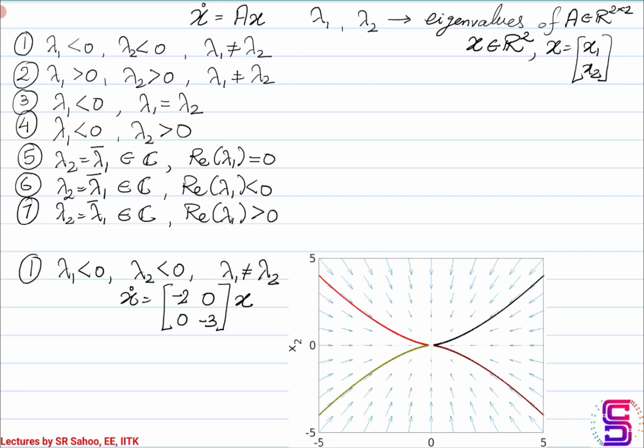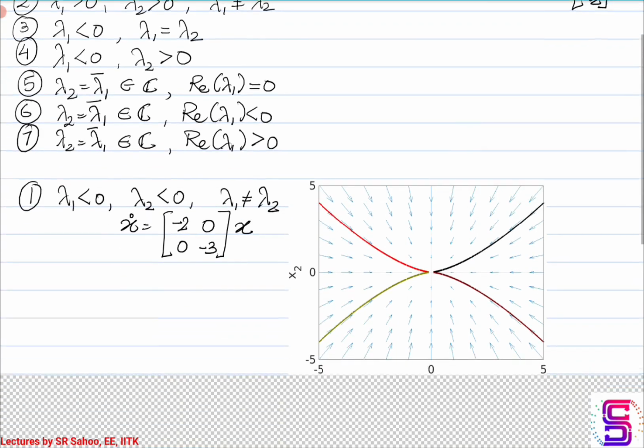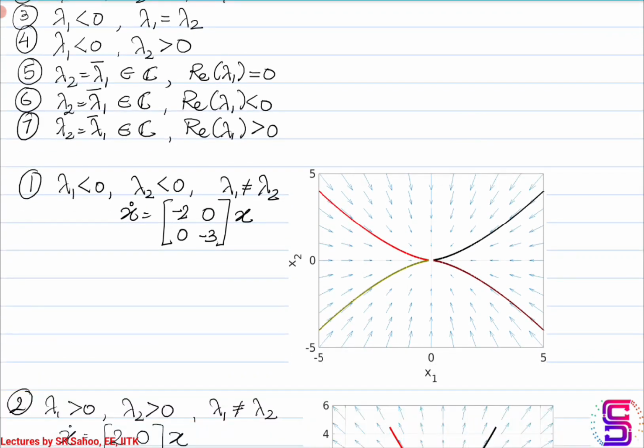Let's see the first case, when both the eigenvalues are negative. As an example, take x dot equal to the matrix with rows minus 2, 0 and 0, minus 3, times x. In this case, x1 dot is going to be minus 2 x1 and x2 dot is going to be minus 3 x2.